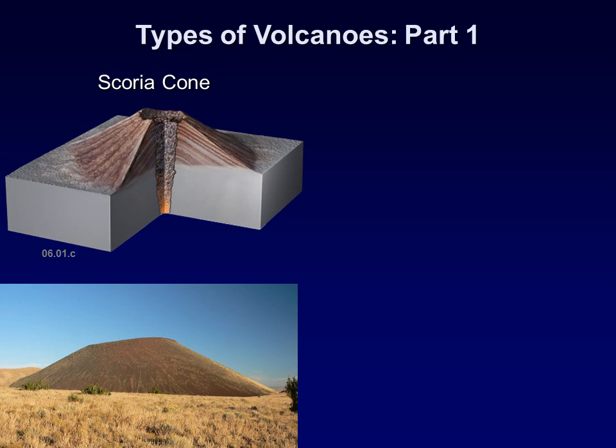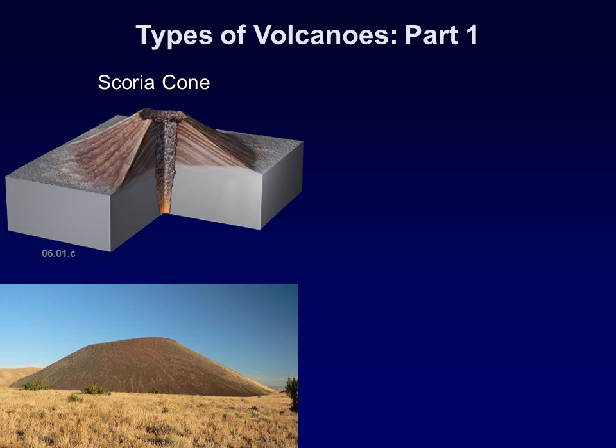It's made out of rocks like those in Hawaii. They're very dark colored, made of the same stuff that the oceanic crust is. They can be several hundred meters high. And so on the scale of things, these are relatively small volcanoes.